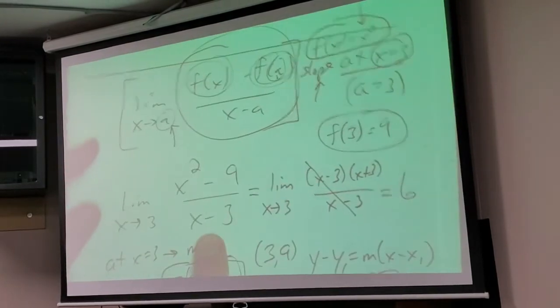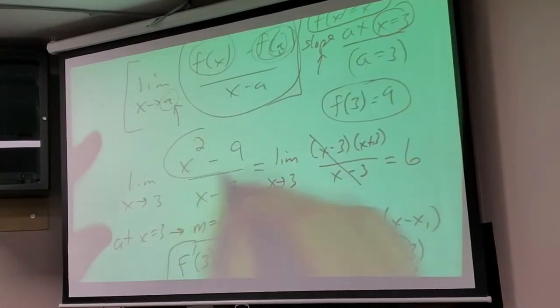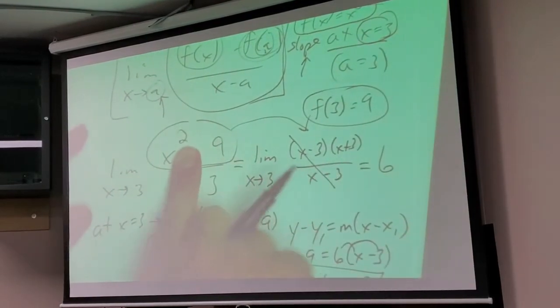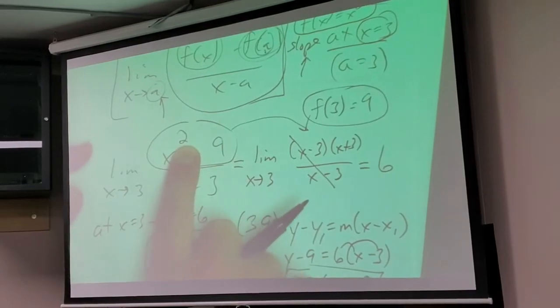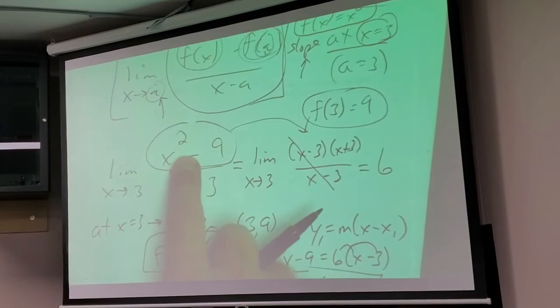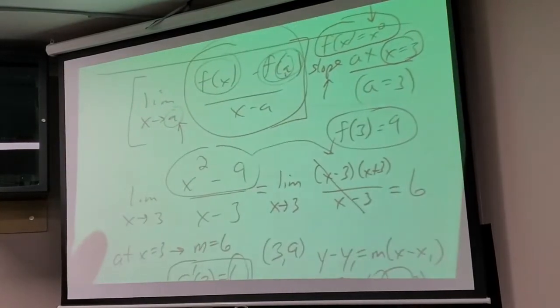Why was this one easy? Because the top could be factored very easily. What if I had x to the 5th minus 3x to the 4th plus 7x squared minus 2x plus 1? Is that easy to factor? Could you factor it if you had to?